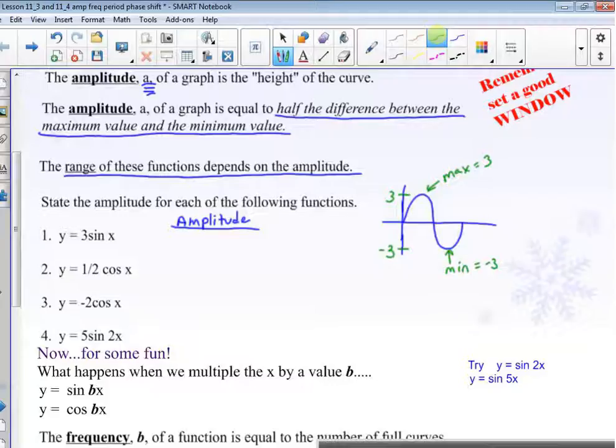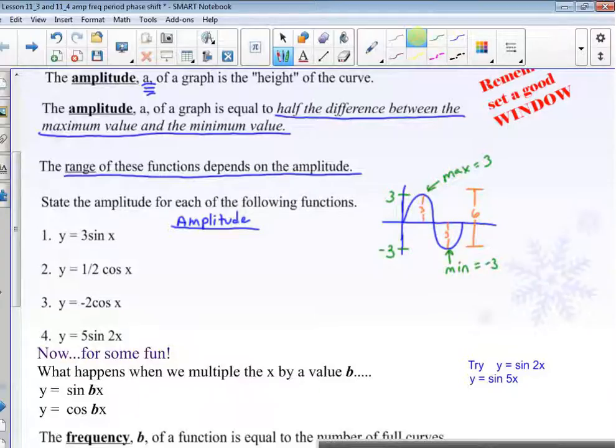So half the difference between the max value and the min value, but we need to look at this as a total distance of 6. Don't do 3 plus -3. You need to look at it as a distance. That minimum value is -3, but this distance here is 3, and this distance here is 3.